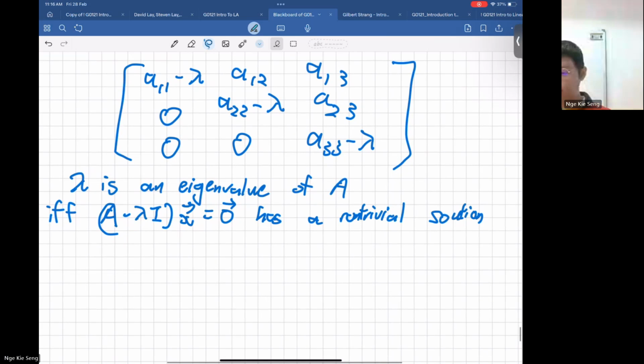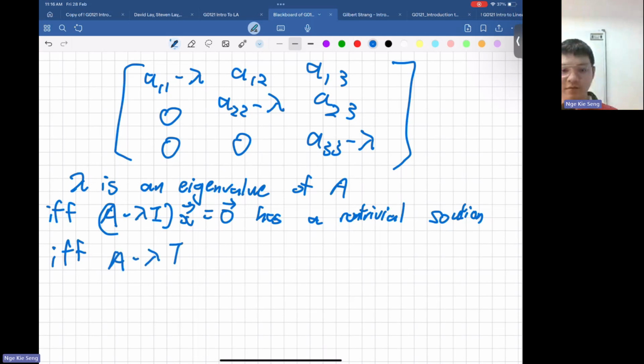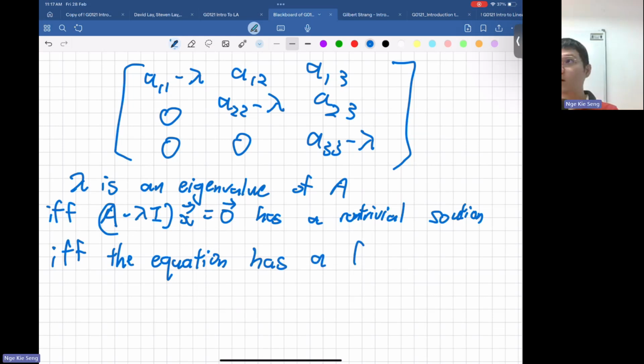Can you have all of them pivot columns? Cannot, right? You must have at least one free variable.